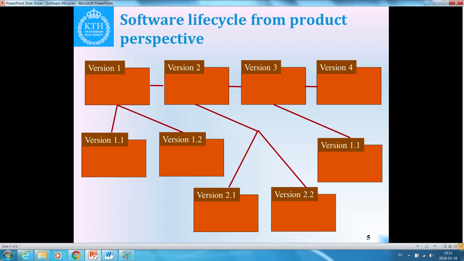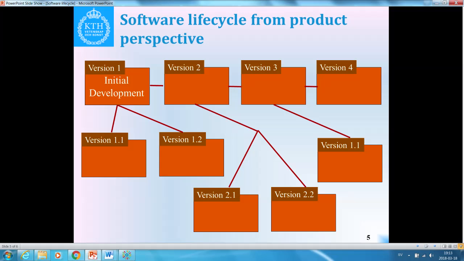You may also look at the software life cycle from the product perspective. So here you can see we have major versions, version 1, version 2, version 3, version 4. And then we have minor versions like version 1.1, version 1.2, and so on. So let us say that initial development could be placed here in the first version. This is when you develop the first version of a system, of a totally new system.